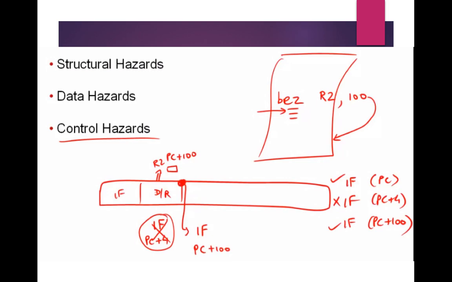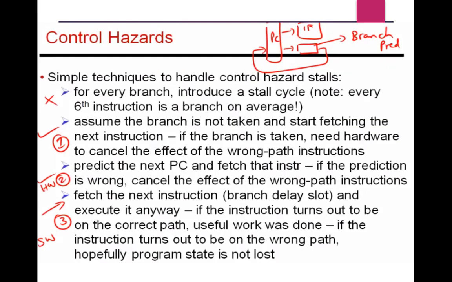We should not execute the second instruction. So the technique here is, for each branch, to introduce a stall cycle. If the branch is not taken, we start fetching the next instruction. If the branch is taken, we need hardware. So there are two options.